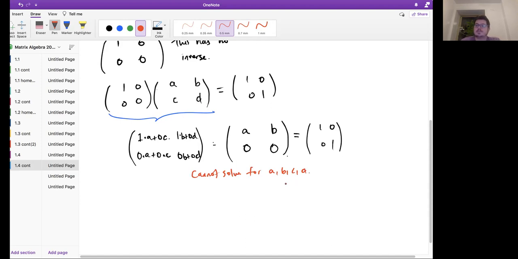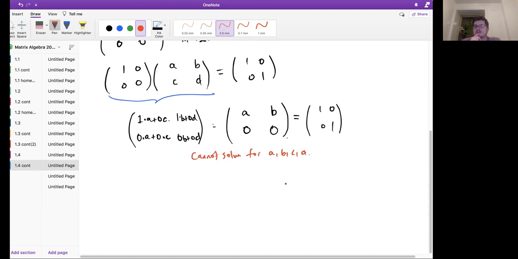We claim that they're the same if the inverse exists, but why aren't they the same? So we could solve for B. That means B would have to be 0, which is just 0 equals 0.